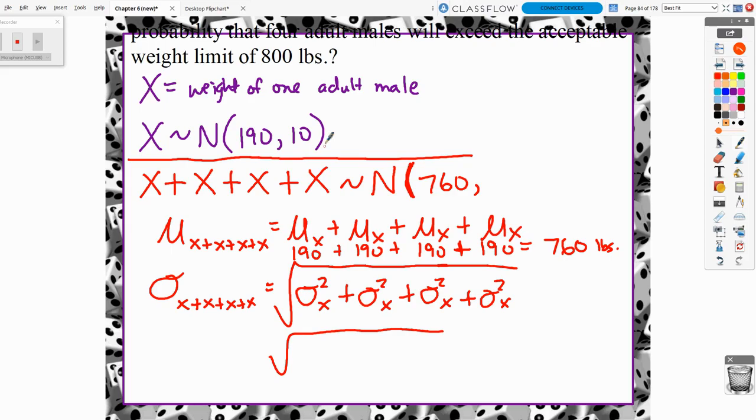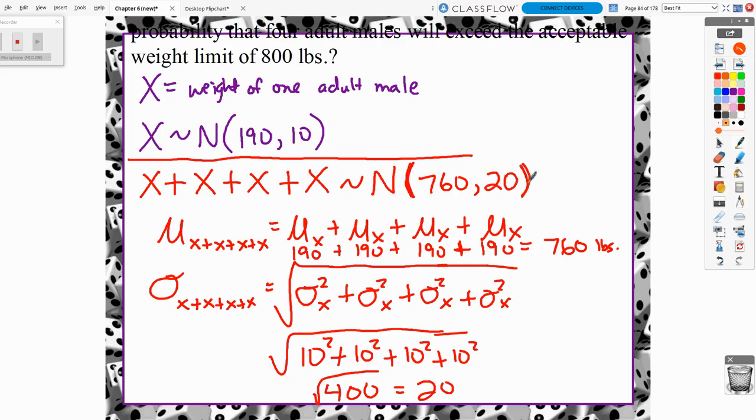That's just the standard deviation of one adult male. So 10 squared plus 10 squared plus 10 squared plus 10 squared. So this is really 4 10 squareds, right? And 4 10 squareds would be 4 100s, which is 400. And the square root of 400, thankfully, gives us a nice whole number of 20. So the standard deviation of our 4 adult males is 20 pounds.